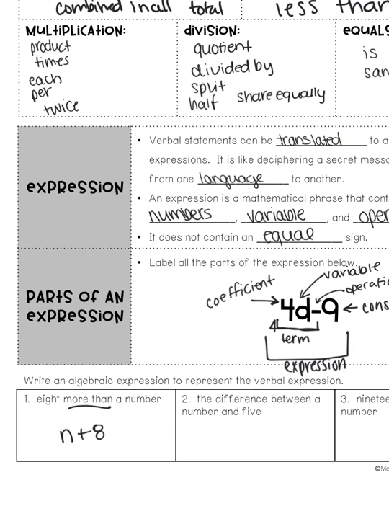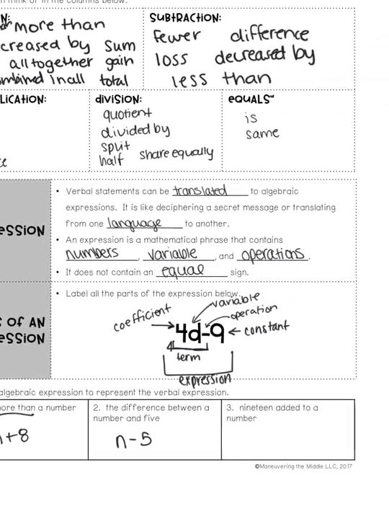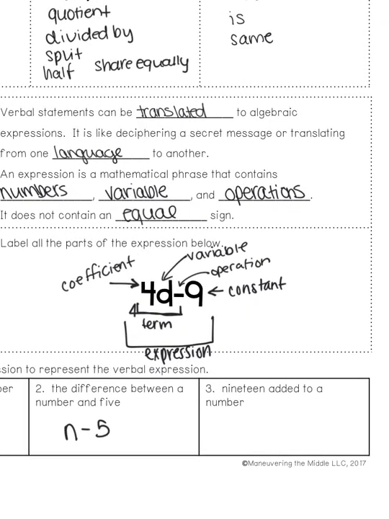Difference tells me subtraction, so n minus 5. 19 added to a number. Well, that one's pretty clear. Added, n plus 19. Okay, so when you're turning a verbal expression into an algebraic expression, it's just paying attention to the words there so you know which operation they're talking about. Make sure you're paying attention for order as well.